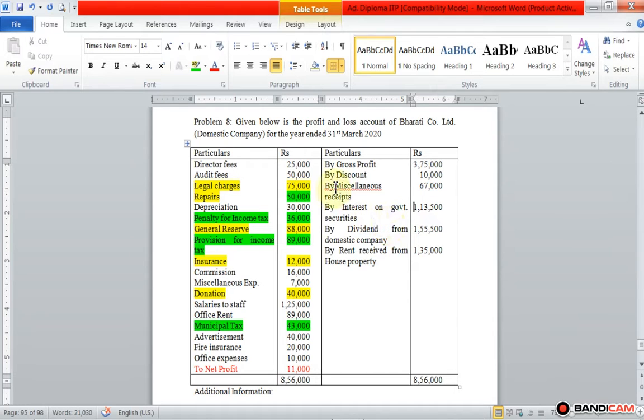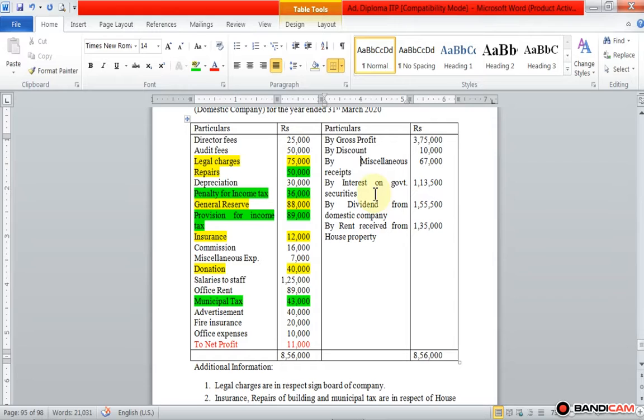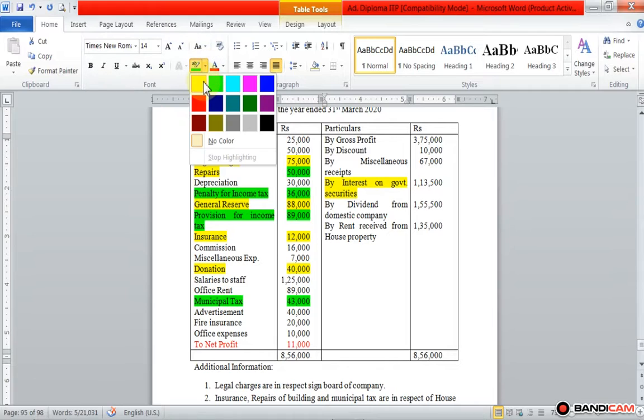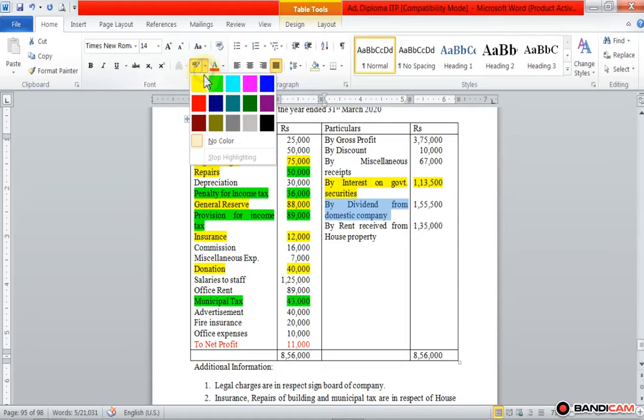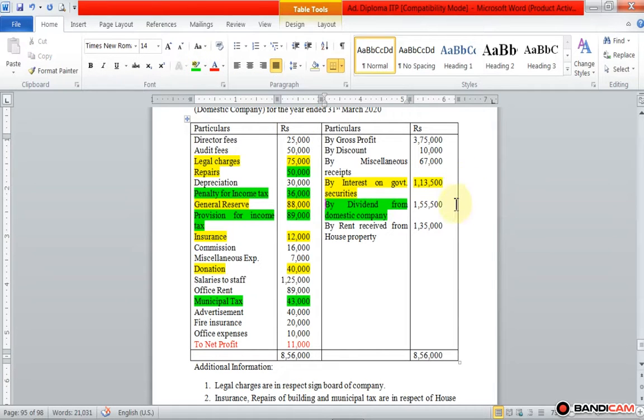Then interest on government securities 1,13,500 is income from other sources, amounted to rupees 1,13,500. Then dividend is also income from other sources.